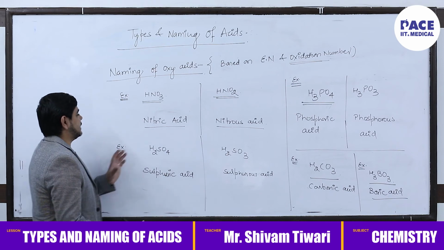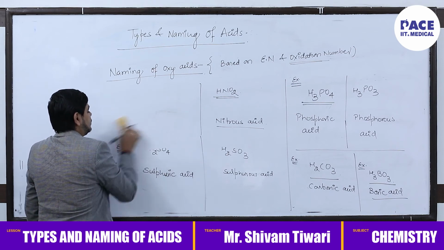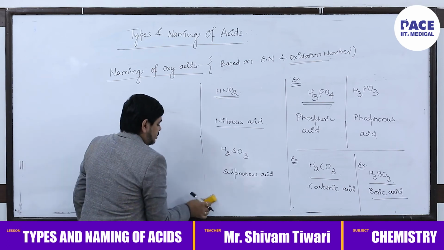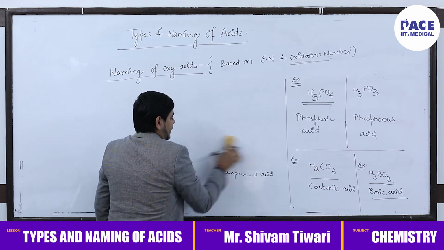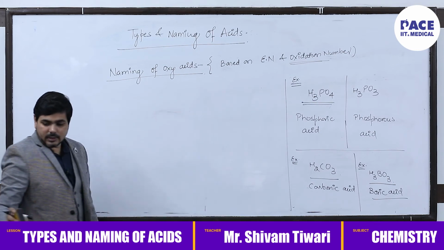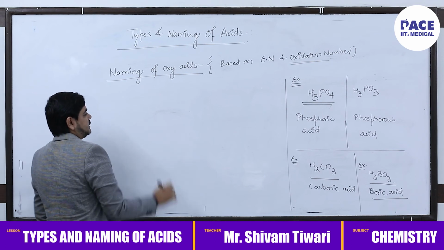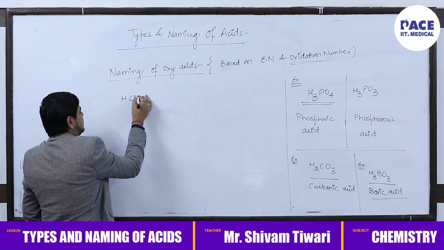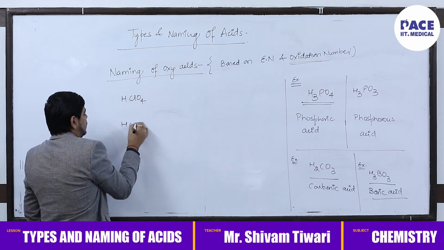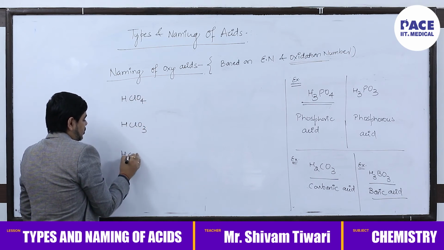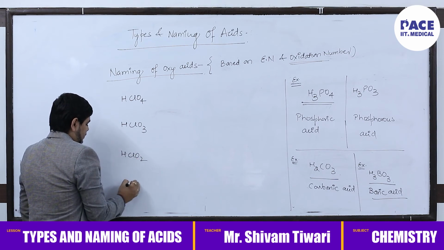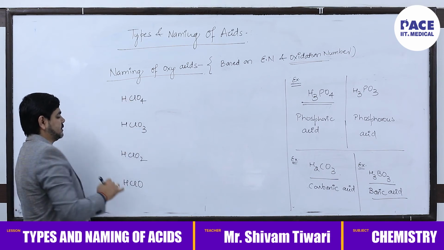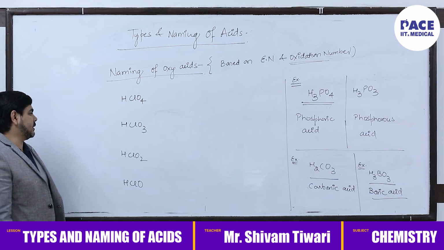There are some more examples which you need to remember. If we are having oxy acids of chlorine, there are more than 2 acids. One is HClO4, HClO3, HClO2, HClO. There are 4 oxy acids. So how are we going to write the names?